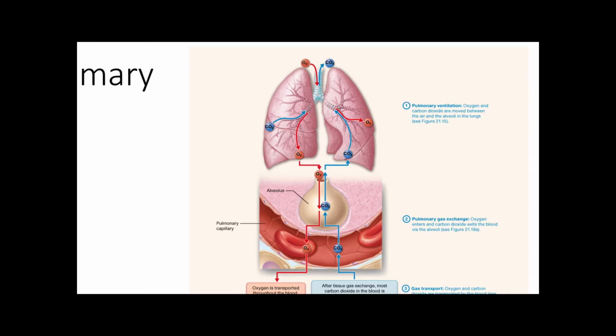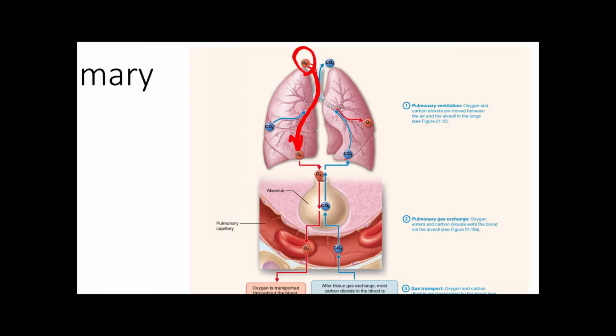So pulmonary ventilation helps to bring oxygen into the lungs. Because of the changing volume and pressure within the lungs, that helps to draw air in, and some of that air contains oxygen.